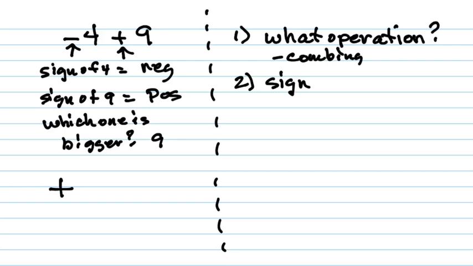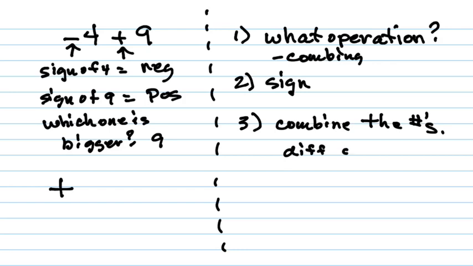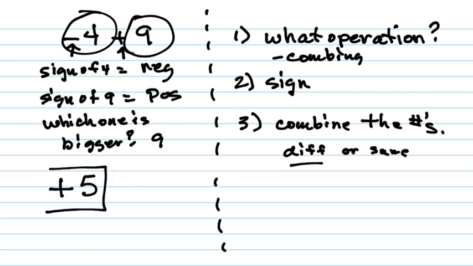Right? And then finally, we're just going to combine the numbers. Okay? Which means either add or subtract them depending on the rule. Are the signs different or the same? They're different, so that means we're going to subtract them. So just take 9 minus 4, and your completed answer is positive 5.